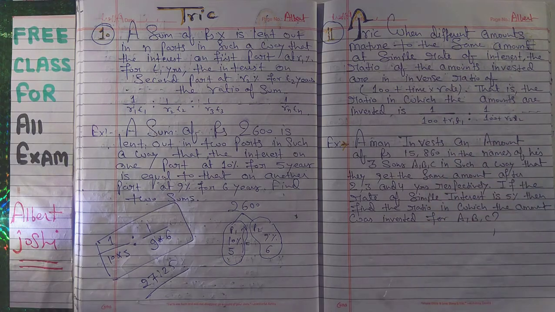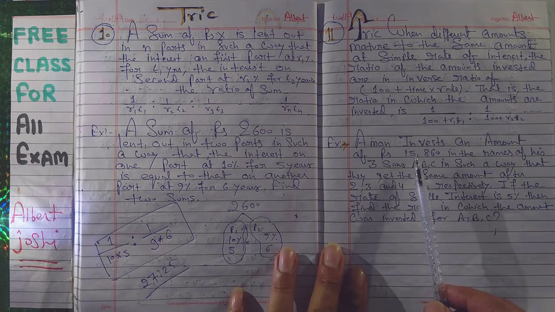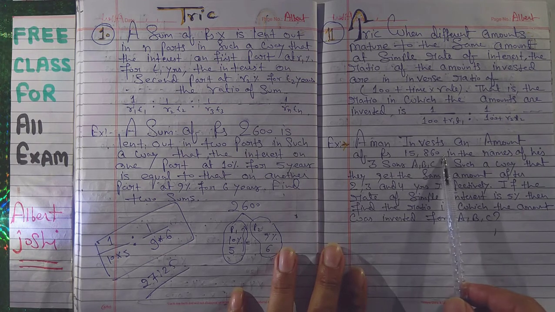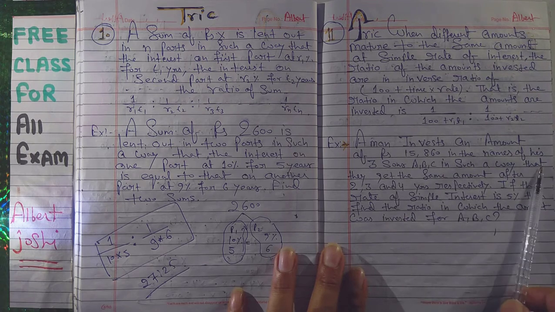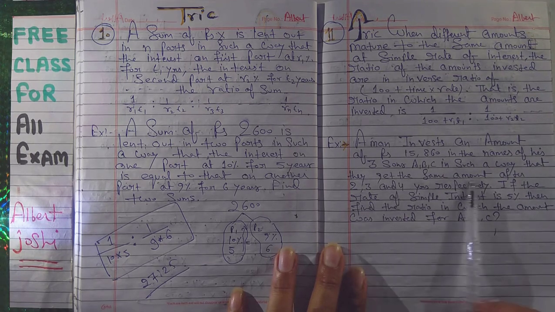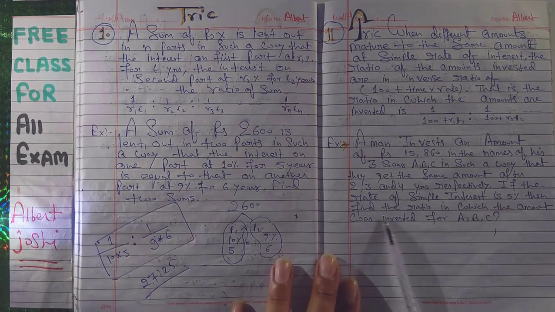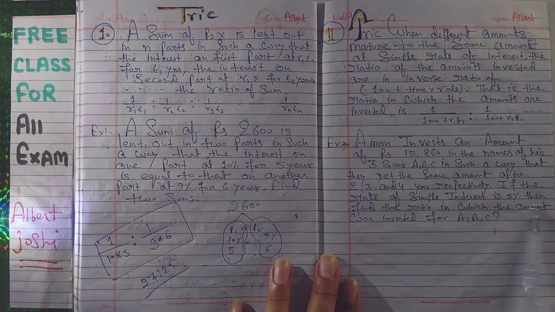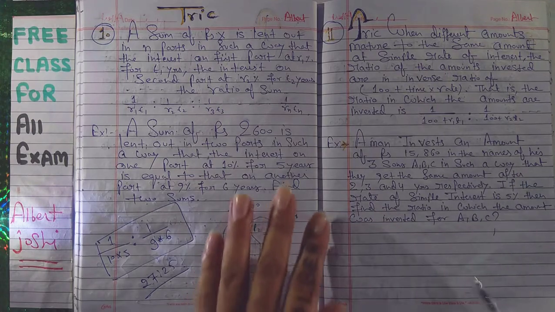What is this? A man invests an amount of rupees 15,860 in the names of his 3 sons A, B, C in such a way that they get the same amount after 2, 3, 4 years respectively. If the rate of interest is 5%, then find the ratio in which the amount was invested for A, B, C. This question is the same.